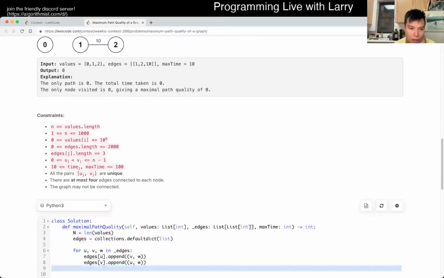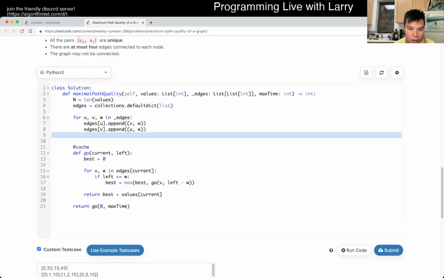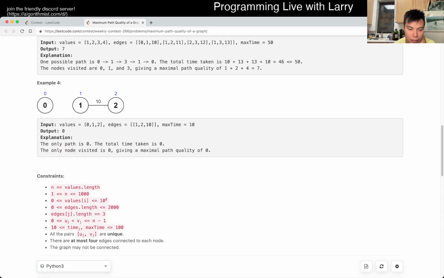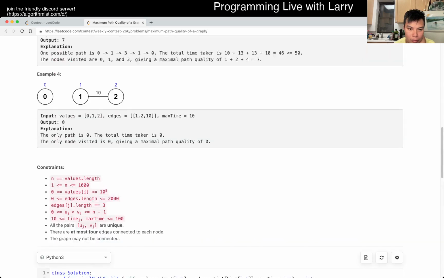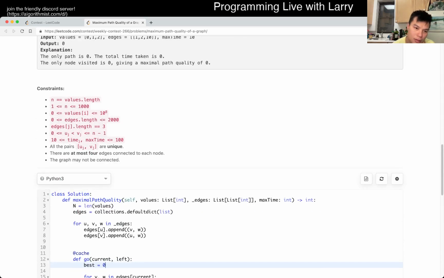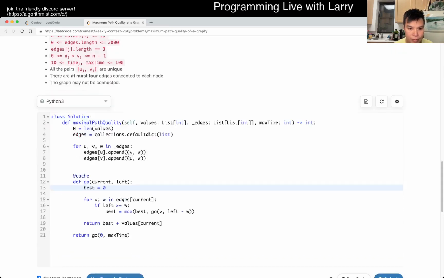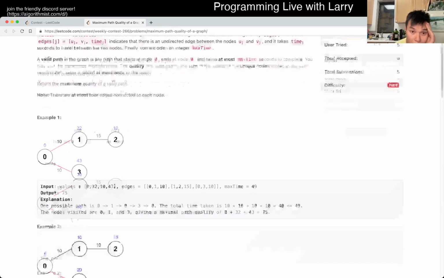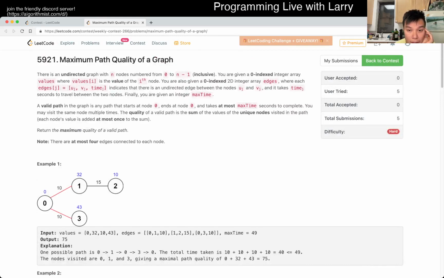So you can only go 10 deep-ish. Full edges connected to each node. Okay, I misread this one. Unique nodes, that's the key part. Okay.